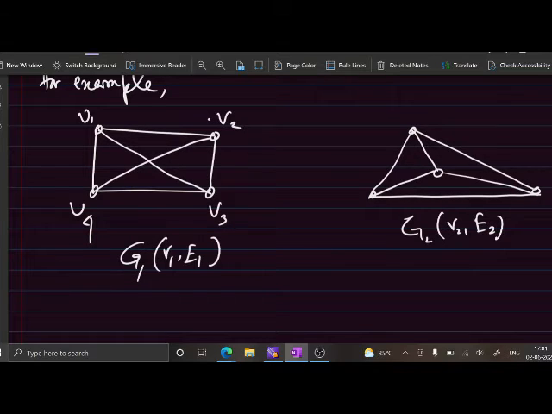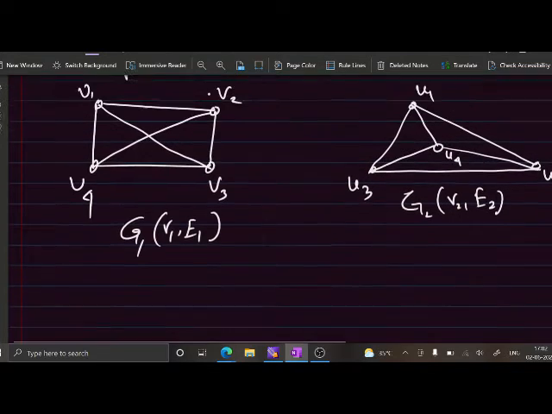A 1-1 correspondence between the vertices of the first graph and the vertices of the second graph. Suppose it is your u1, u2, u3 and u4.